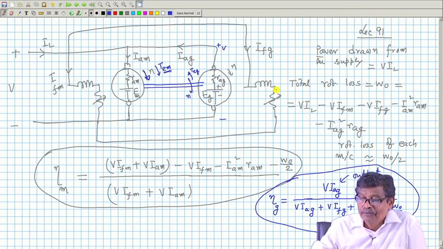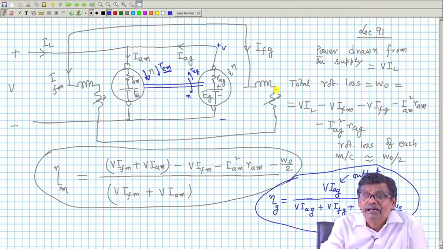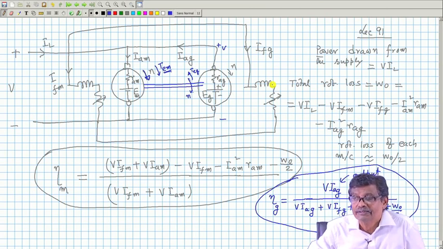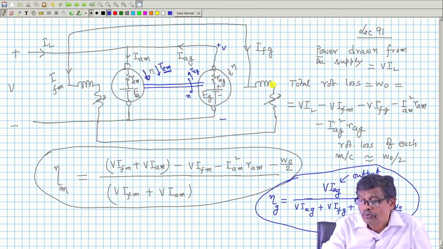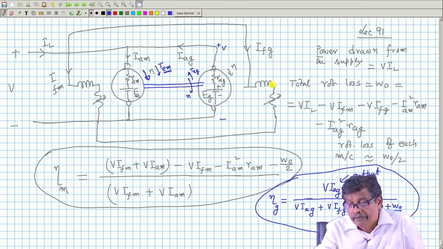Therefore, the motor will always see, okay, this generator is nothing but mechanical load to me. Similarly, generator will see, okay, this motor is nothing but the prime mover to me. Got the point?